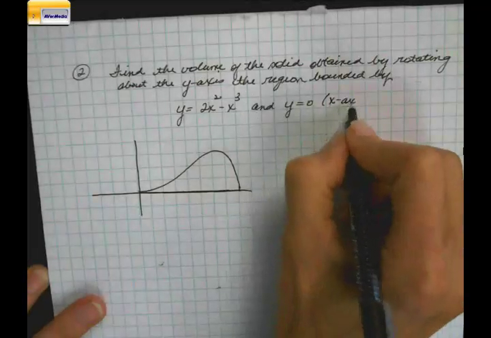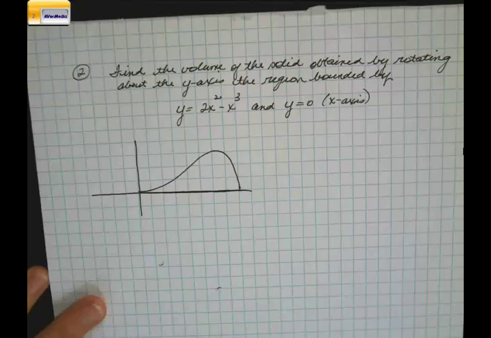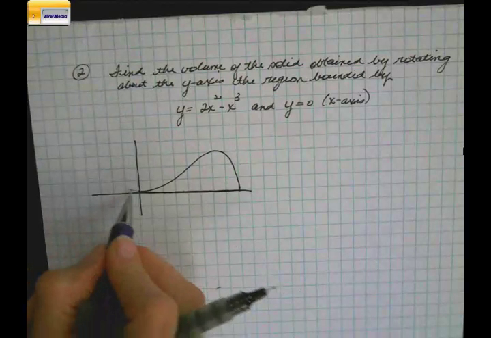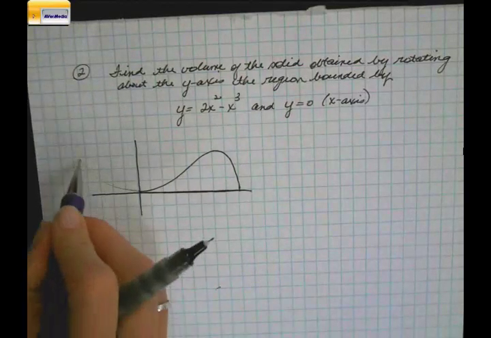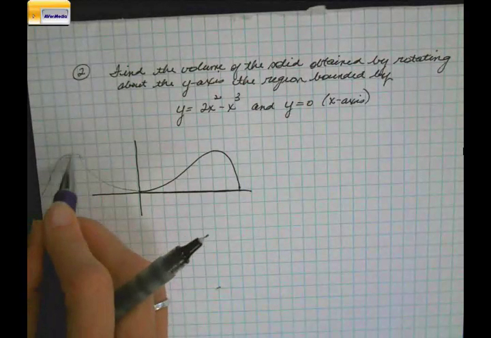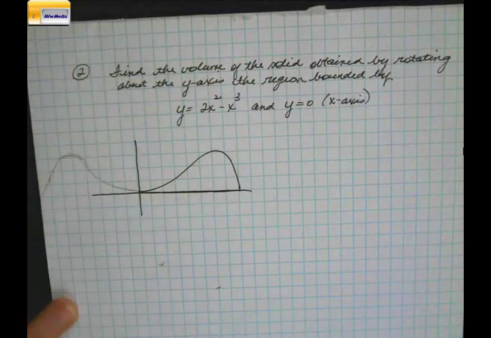This is the name of the x-axis in equation form. You're spinning this thing around the y-axis. So you're doing this. Yeah, it does look kind of like little skateboard ramps. Okay, that's what it's going to look like when it starts spinning.